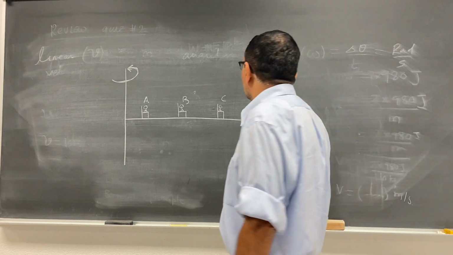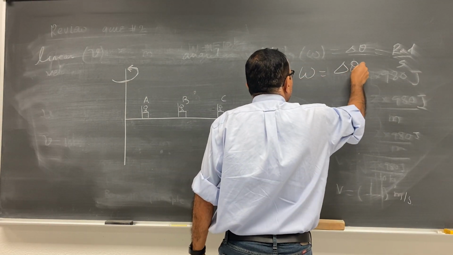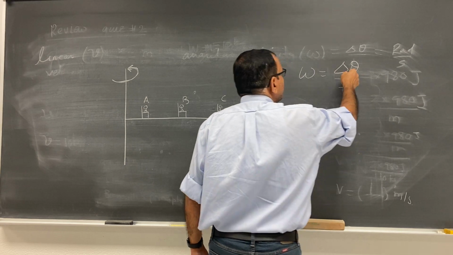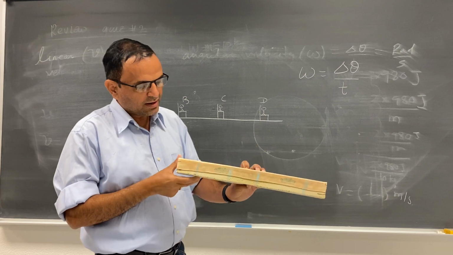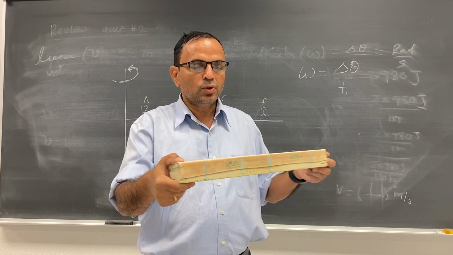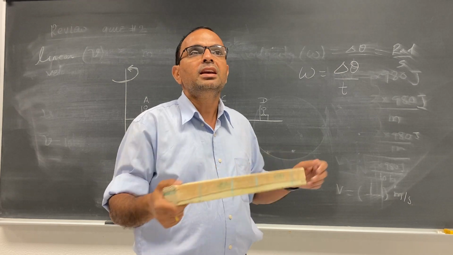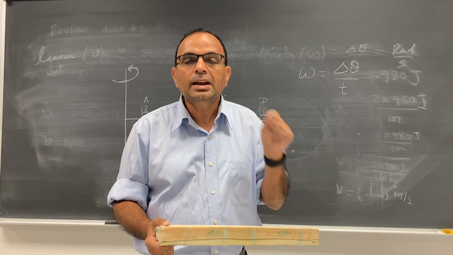What do you think? Angular velocity omega is equal to delta theta, this is angular displacement divided by time. This is the angle made by each kid. So look at this. Right now the angle is 0. If you rotate this way, everybody makes the same angle, equal angle, at the same time.